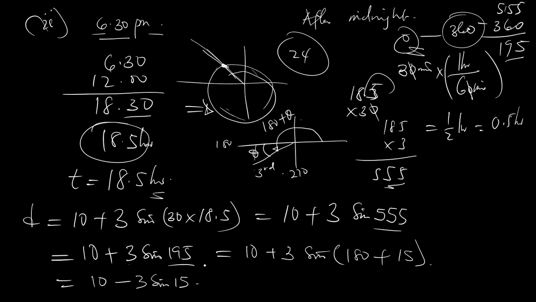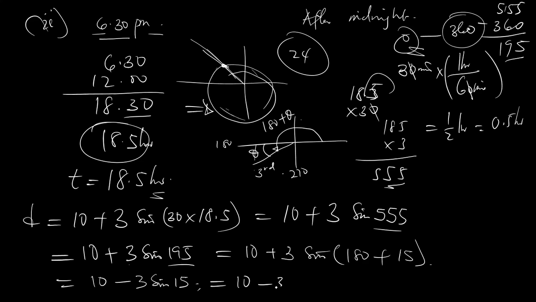Because sine 195 is not on the log table, we need to bring it down to an angle that is on the table. So that is how we got this.